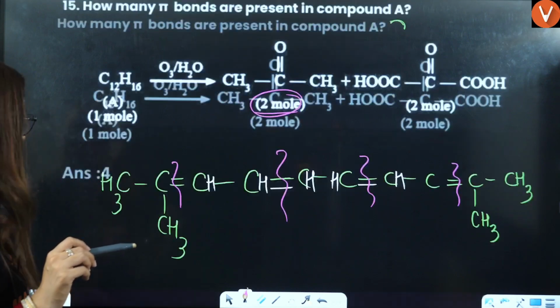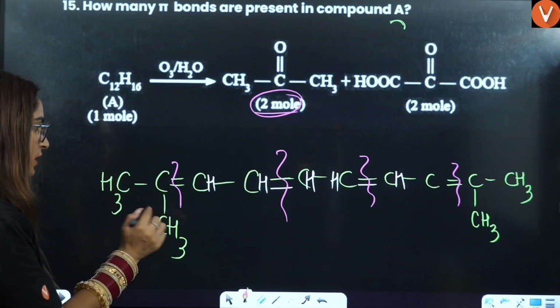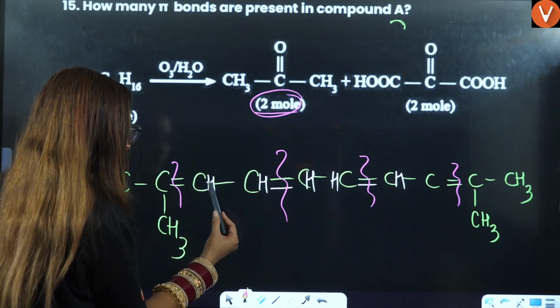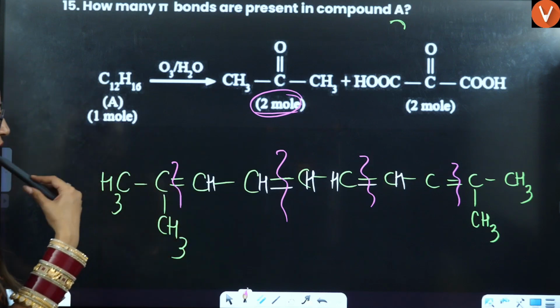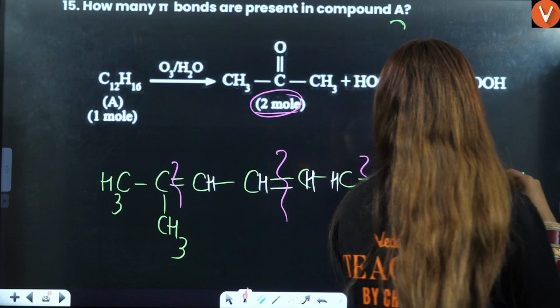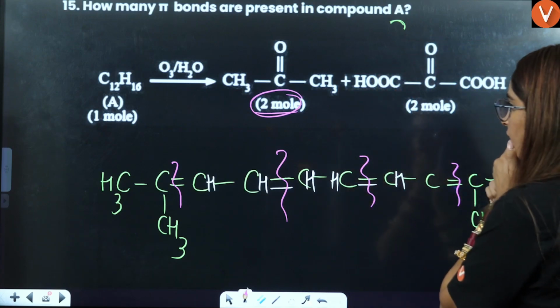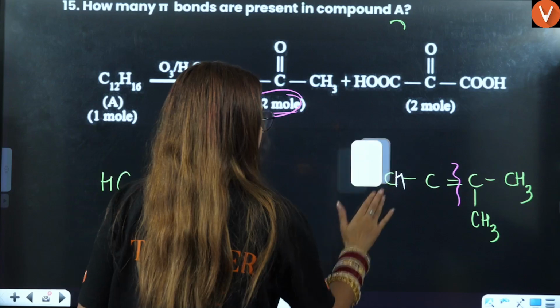Wait a minute. Let me just see. Here you are getting CH3, CH3. You break the bond here, you are getting COH only. 1 mole, 2 moles, 3 moles of COH you are getting. Oh, this is also not the correct answer then.